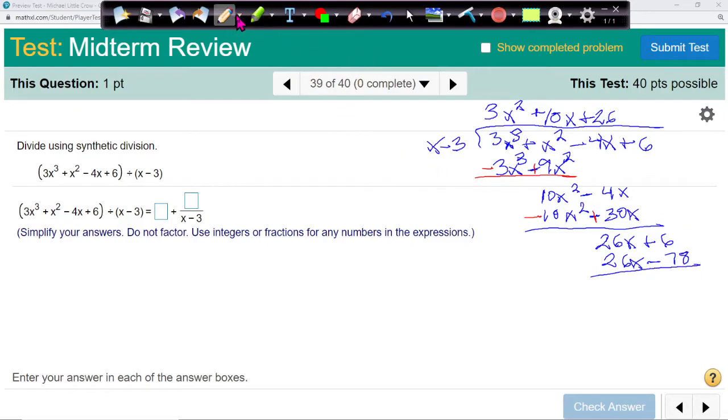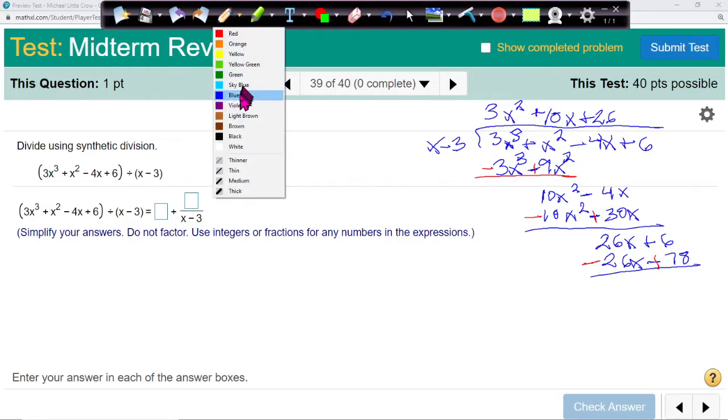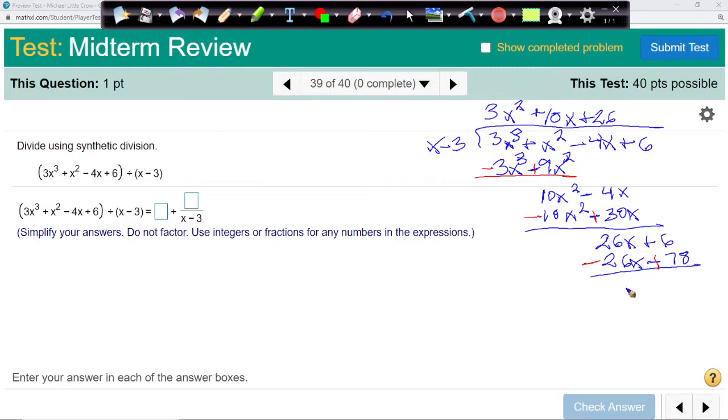Let's go ahead and subtract. I like to do it this way, minus, and then that becomes a plus. So this is 0, and then we get 6 plus 78 is 84. That's the remainder, and so it's this, and the remainder 84 over x minus 3.